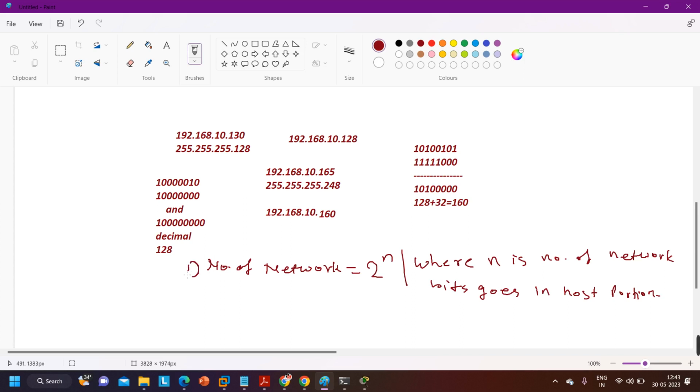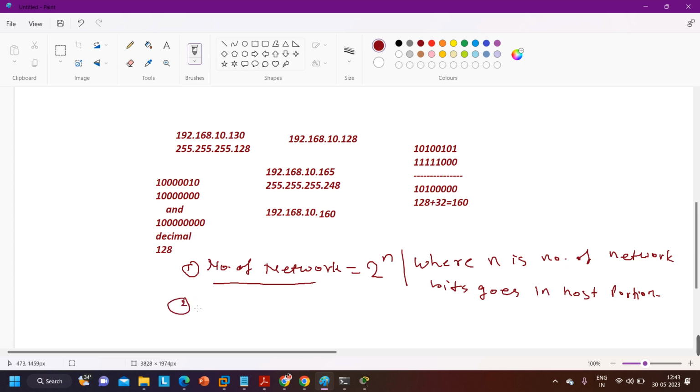On the basis of 3 formulas, I will make you understand the entire subnetting. But the formulas should be very clear to you. How do we find the number of networks? 2 to the power n, after we find how many network bits we have borrowed from the host.